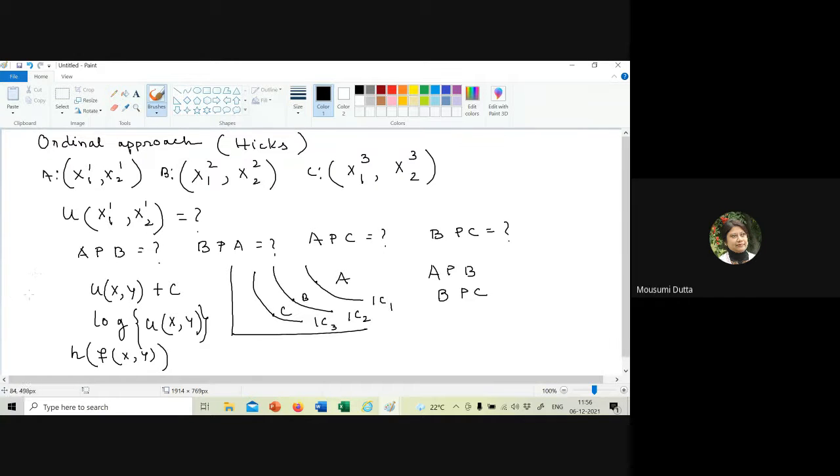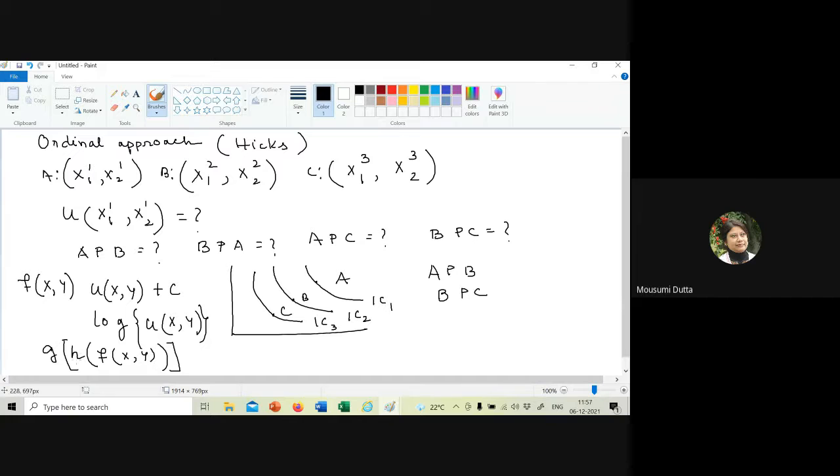I can consider any transformation, or I can consider function of function of function like this as well.